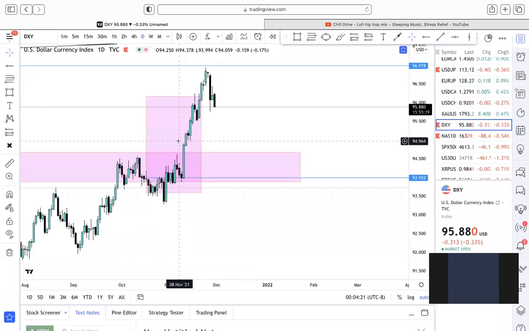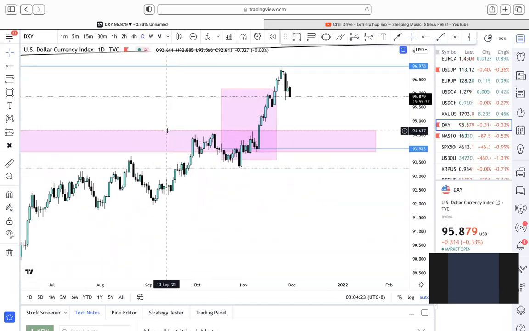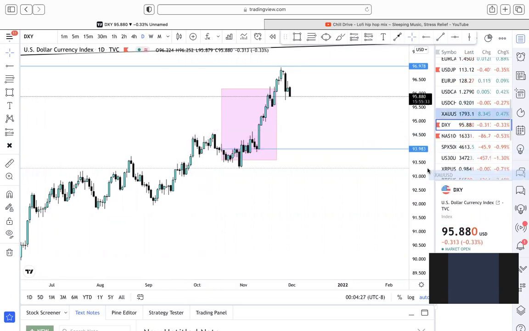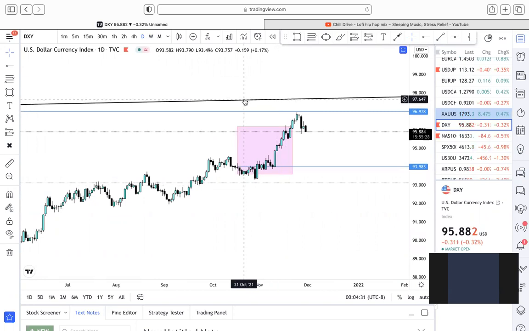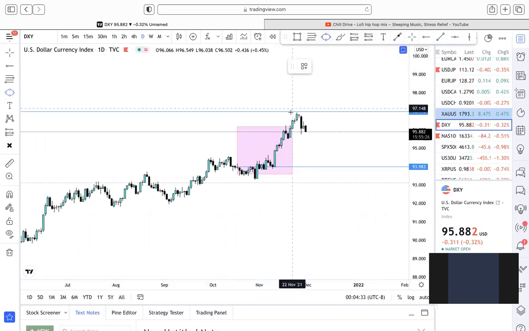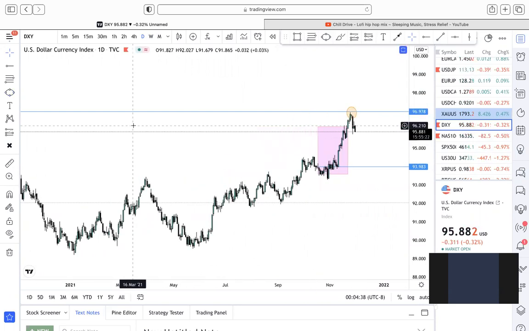Now come into a daily time frame. Let's go ahead and delete this so it doesn't look that messy. All right, there we go. So now, coming into a daily time frame, this right here is our weekly accumulation price candle.